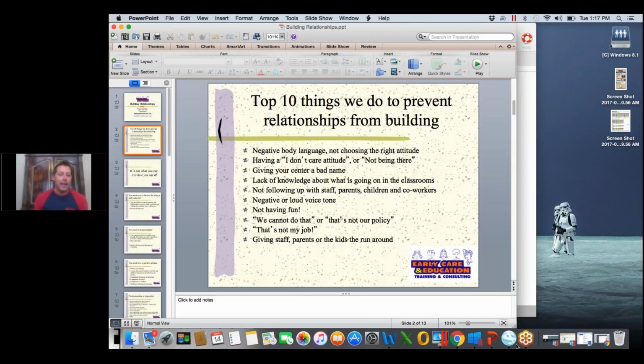Now, the sad thing is that we're seeing a lot more children that fall into this description. As early as 2 and 3 years old, they're just not happy kids. And one of the reasons why they're not happy kids is because they don't have any friends. Well, no one wants to be their friend because they're not happy. It's a vicious circle right there.